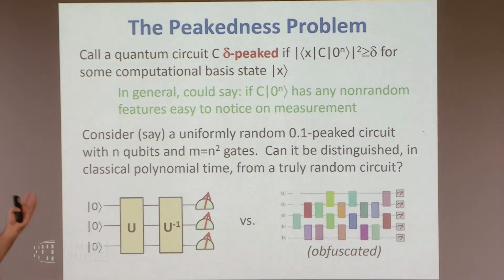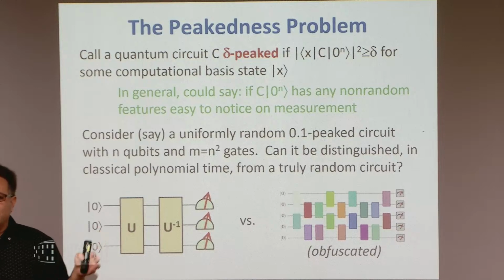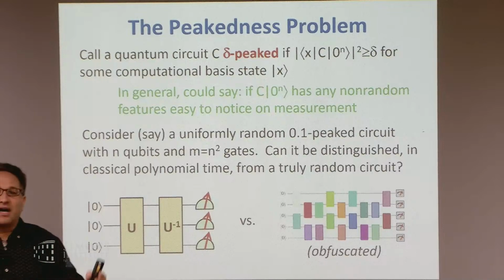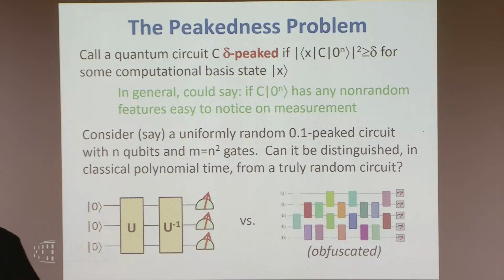Okay, and now I can already pose the problem that I'm interested in, or one version of it. Let's imagine that I pick a random quantum circuit from some standard circuit ensemble, like Haar random 2-qubit gates, which might or might not be nearest neighbor. I have a fixed size for my circuit, let's say n qubits and n squared gates.